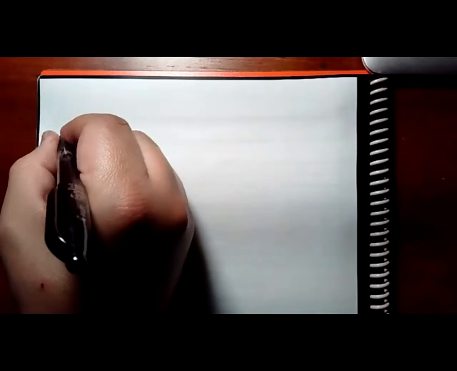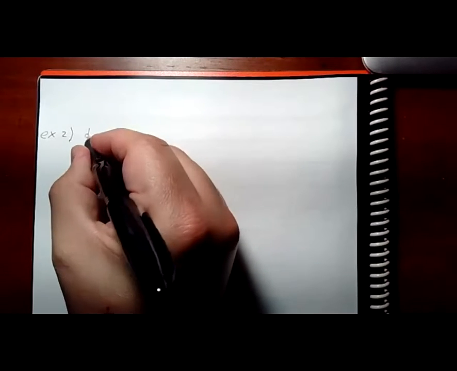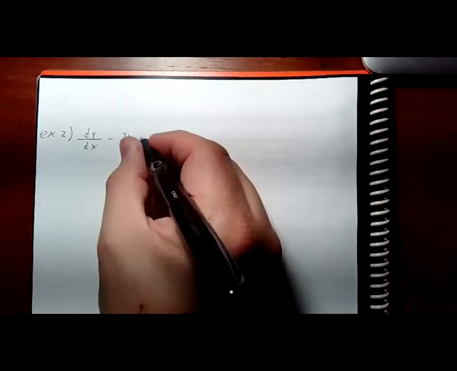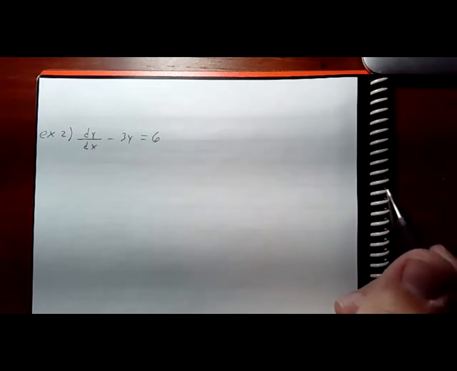All right, let's go to number 2. Okay, dy/dx minus 3y equals 6.